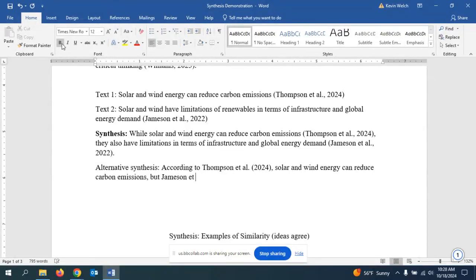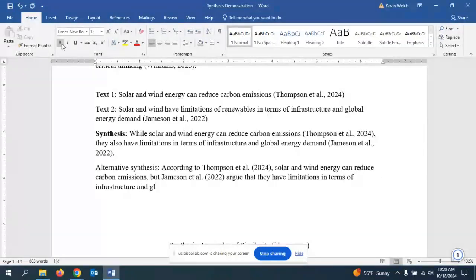But Jameson et al. 2022 argue that they have limitations in terms of infrastructure and global energy demand. Boom. Okay, so either way works. In both cases, the words have been combined together and have been cited together.